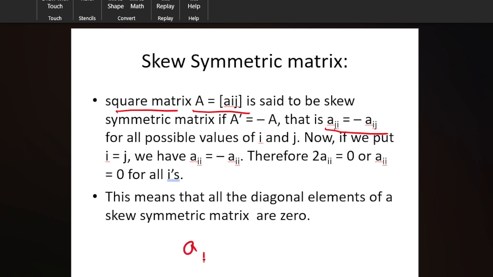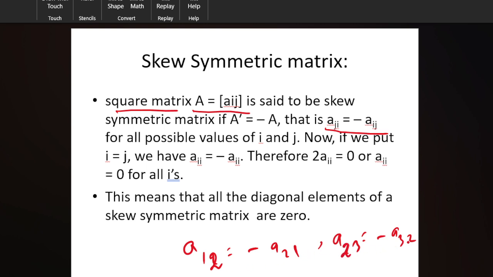That means A12 equals minus A21, A23 equals minus A32. So if A12 is positive, A21 will be negative, opposite sign. They are equal, but the sign is opposite.